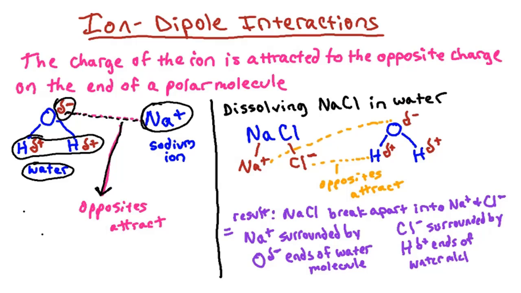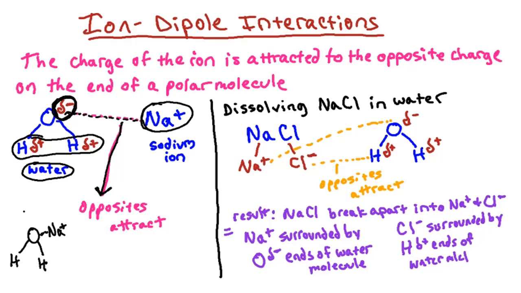So the sodium ion, the Na plus, is going to be attracted to the negative end of the water molecule, which is by the oxygen. So you end up getting, here's a water molecule, and you end up getting a sodium ion that bonds on the O end, the oxygen end of that molecule. It's short but sweet. That's simply an ion-dipole interaction.